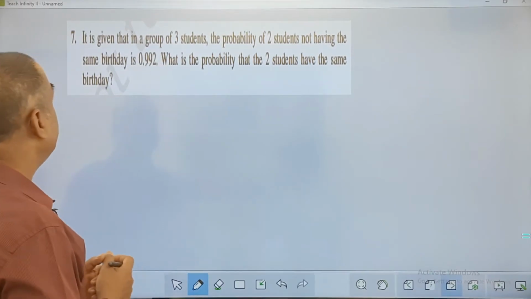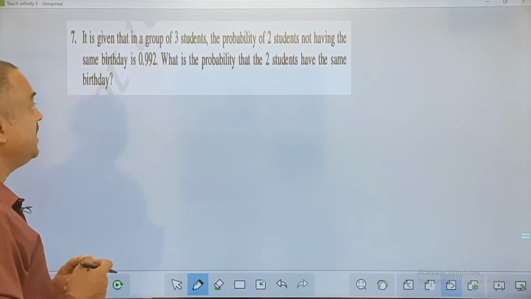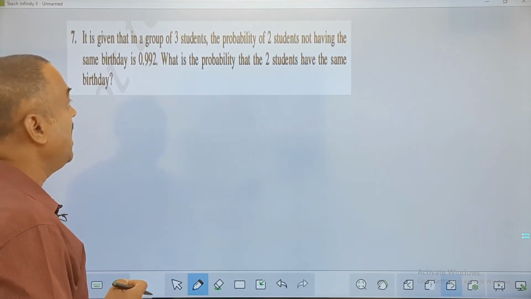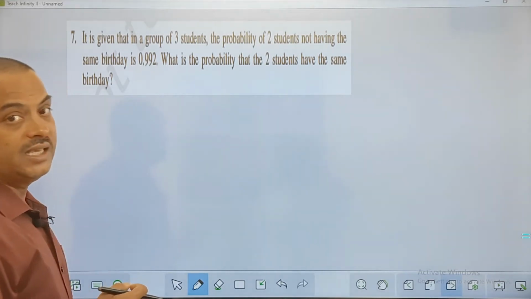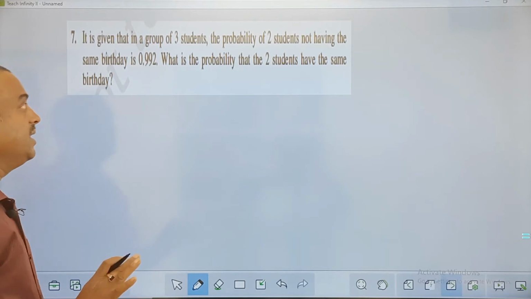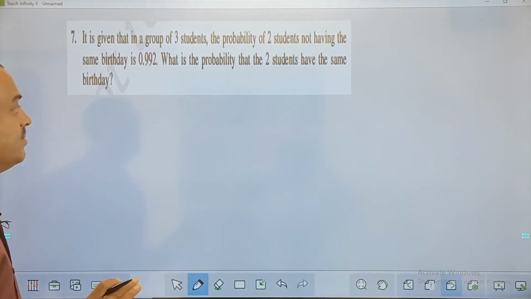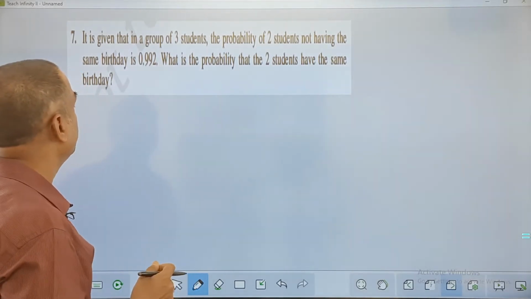So if you have basic ideas, then we can easily handle such questions here. Next, it is given that in a group of 3 students, the probability of 2 students not having the same birthday is 0.992. What is the probability that 2 students have the same birthday is the question.